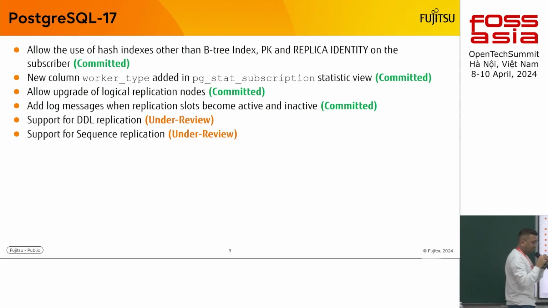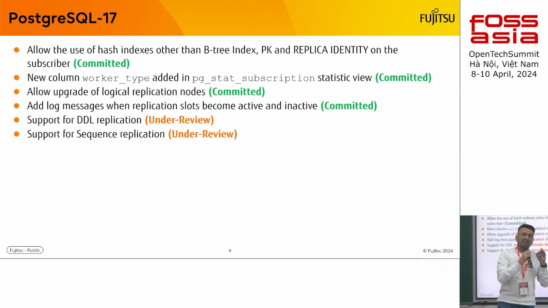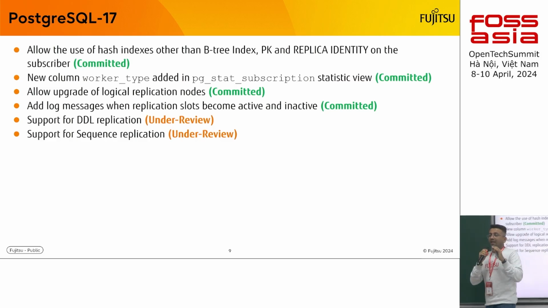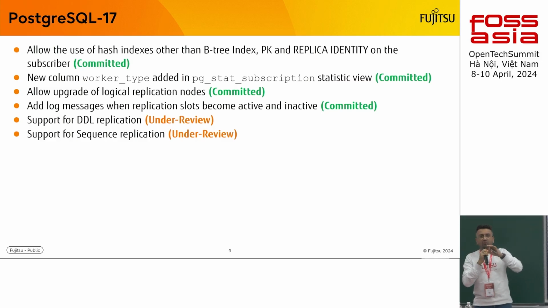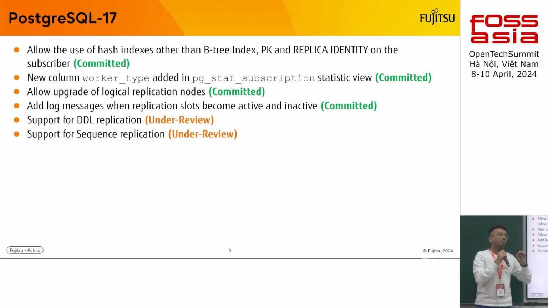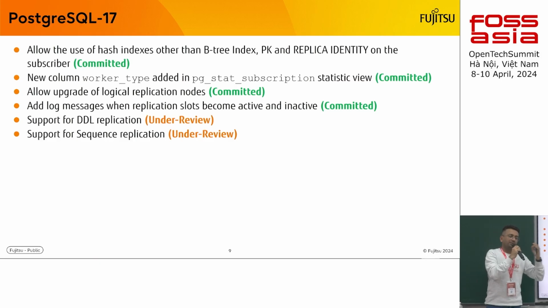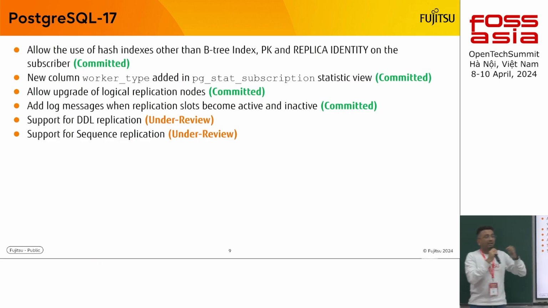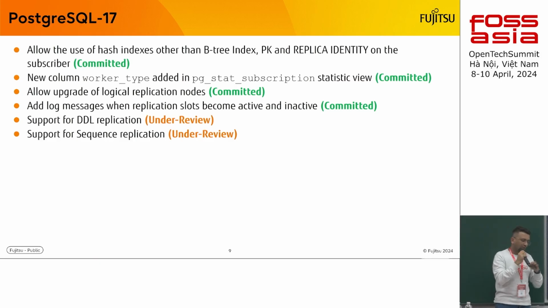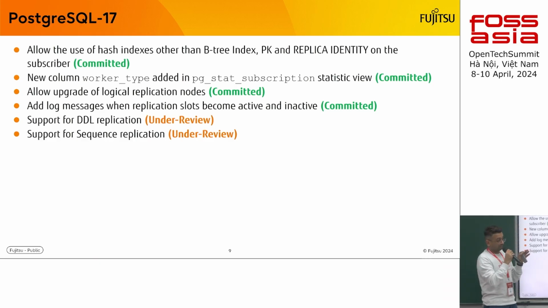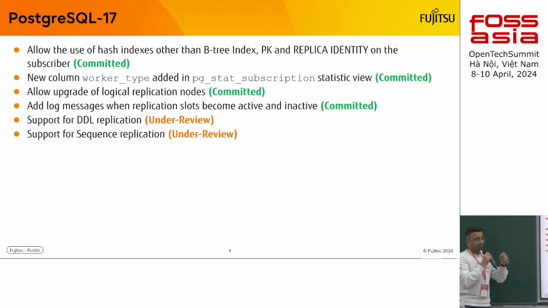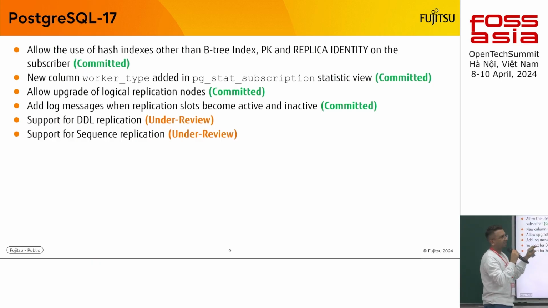So in case, for some reason, our database server crashes, we will not be able to identify how many replication slots were active or inactive at the time of the crash, and there is no alternative way to identify the metadata of the replication slots. So in that case, we will lose the complete information about the replication slots.